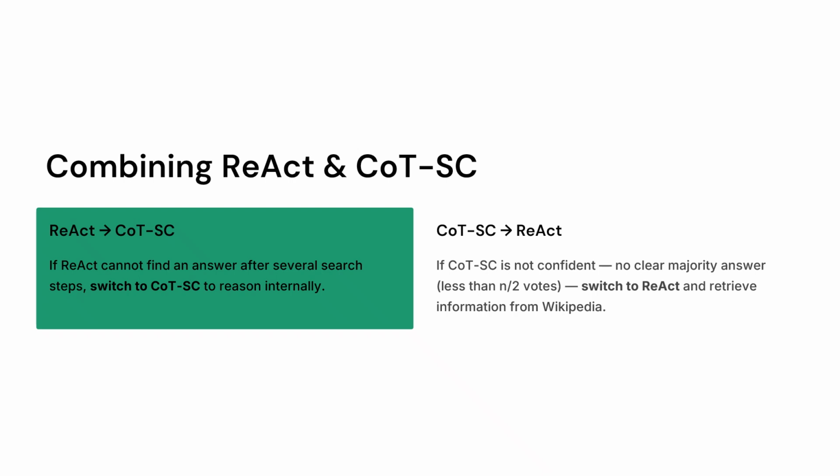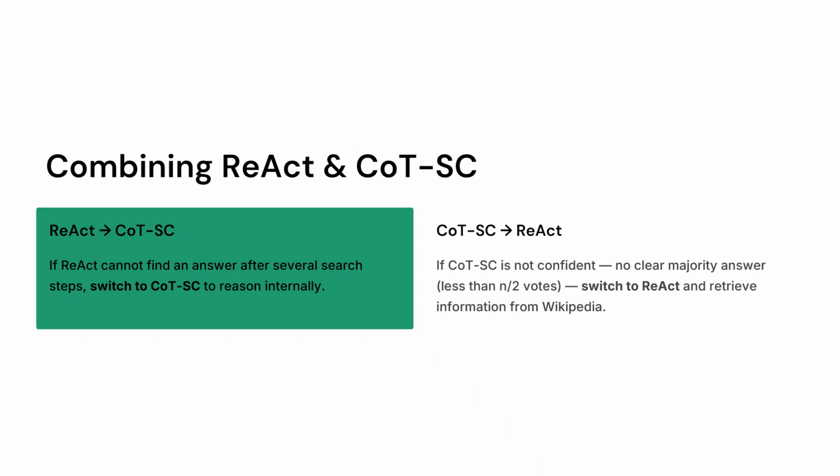So this is a popular approach which the researchers suggested. First was combining ReAct with chain of thought and self-consistency. So there were two ways by which the researchers suggested how we could combine them. Firstly, we first use ReAct and limit it to a number of steps. So like after step number 7, if it's unable to reach the answer, we switch to chain of thought self-consistency learning internally.